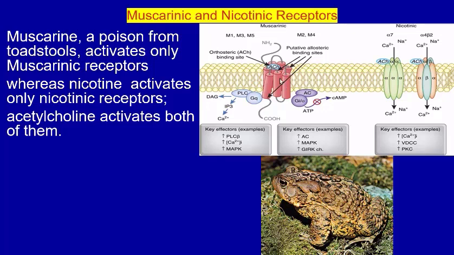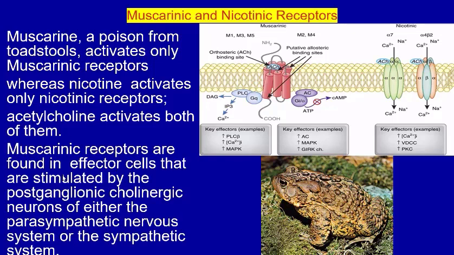In this way we can differentiate between the muscarinic and nicotinic receptor. But when acetylcholine is present, it activates both the muscarinic and nicotinic receptor, but the actions of these two receptors are different.